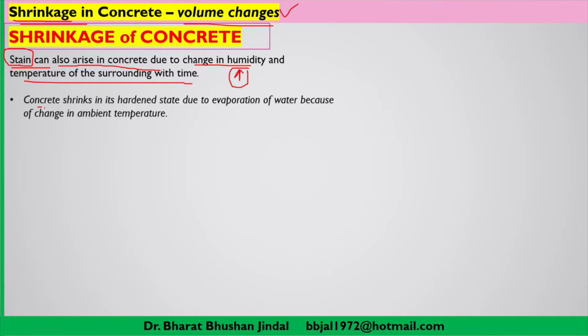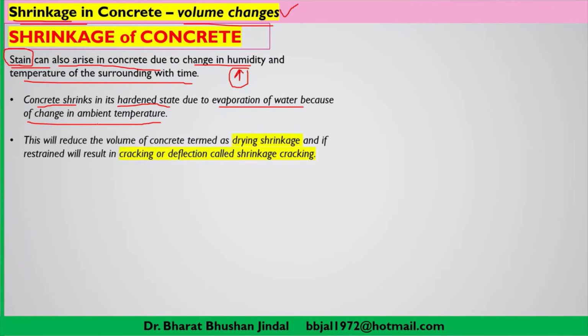Now, concrete shrinks in its hardened state due to evaporation of water, maybe because of a change in ambient temperature. So what will happen? This will reduce the volume of concrete.